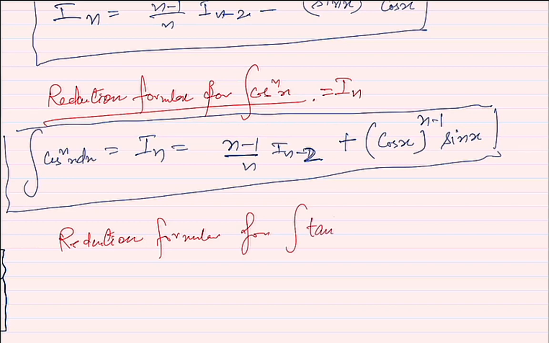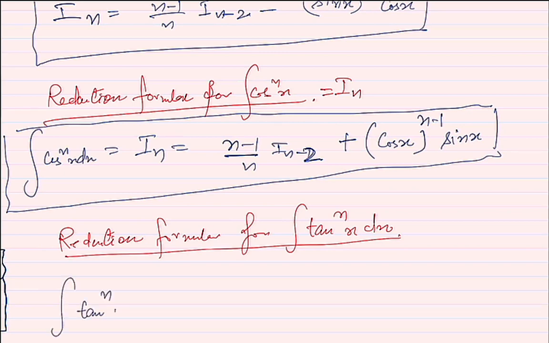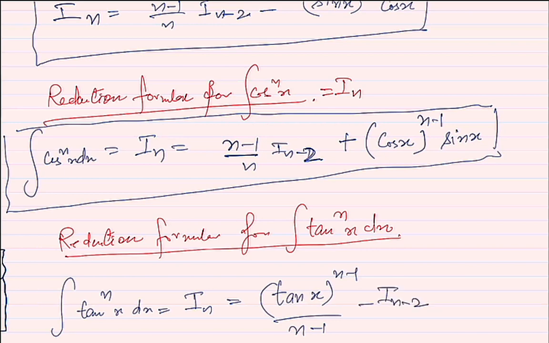Integral of tan nx dx. So how will we write this, tan nx dx is equal to our in. So that is going to be, now this can be, it is tan x raised to power n minus 1 upon n minus 1 minus I n minus 2.